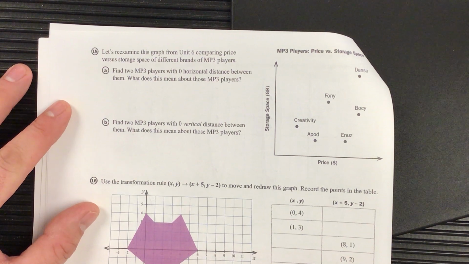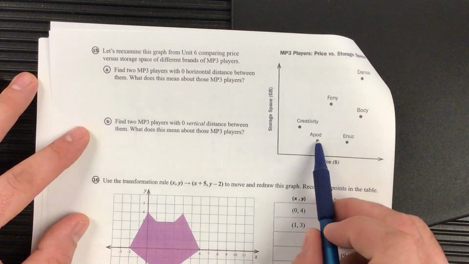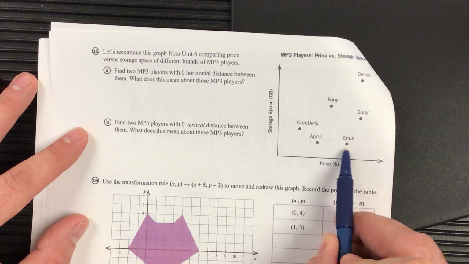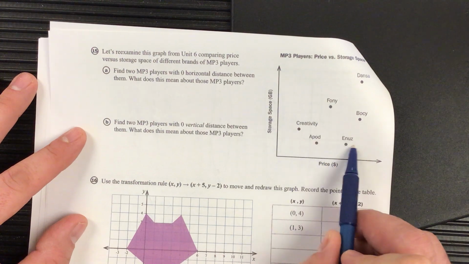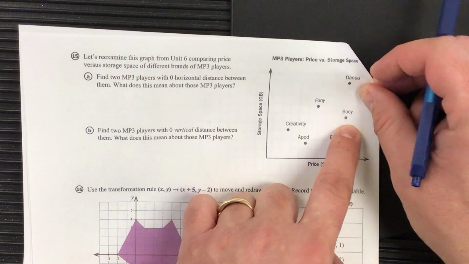AirPod and the NZ. That is incorrect, because here's the horizontal space between them. That means left and right is 0. Danza and Beta. Yeah, right here, Danza and Bosi.